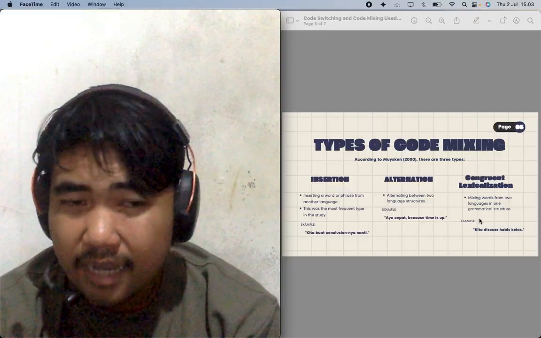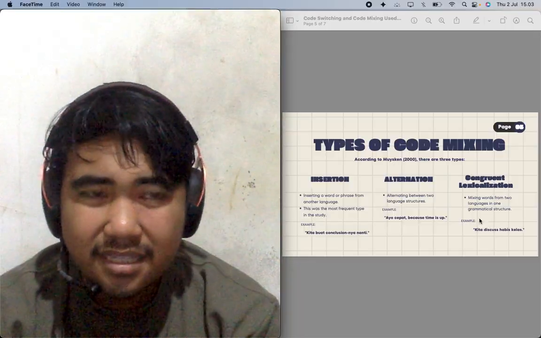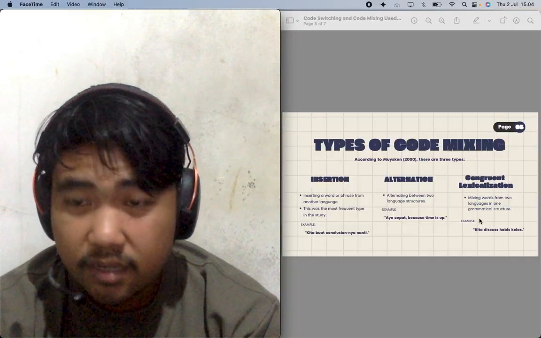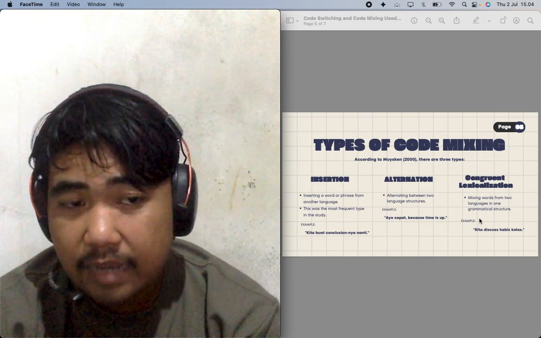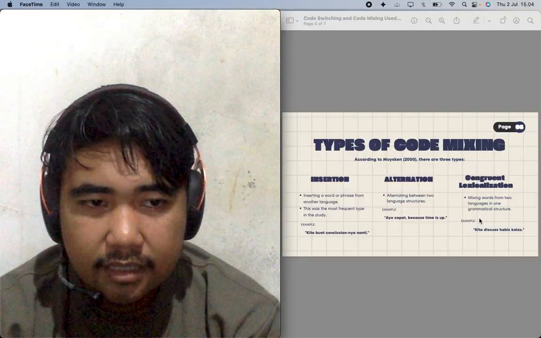The third type is congruent lexicalization. It means mixing words from two languages in one grammatical structure. For example, "Kita discuss habis kelas."